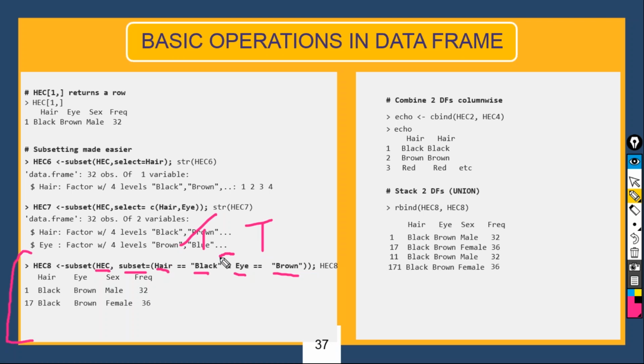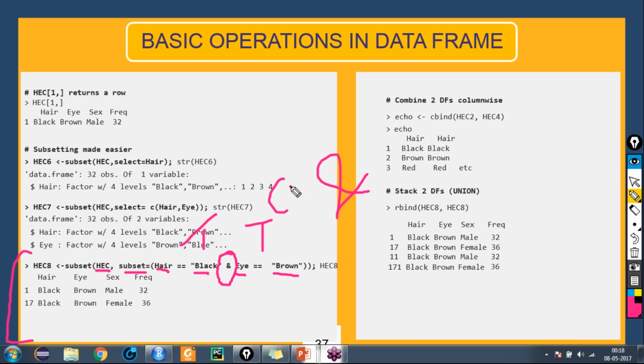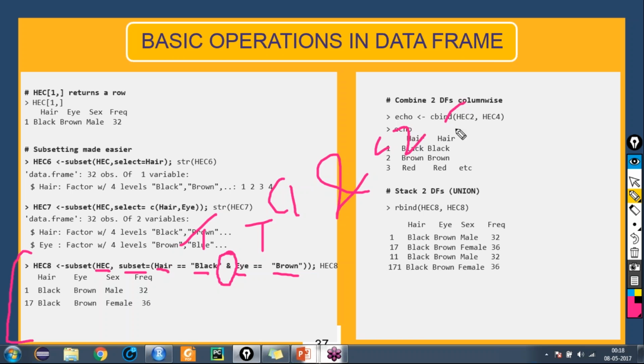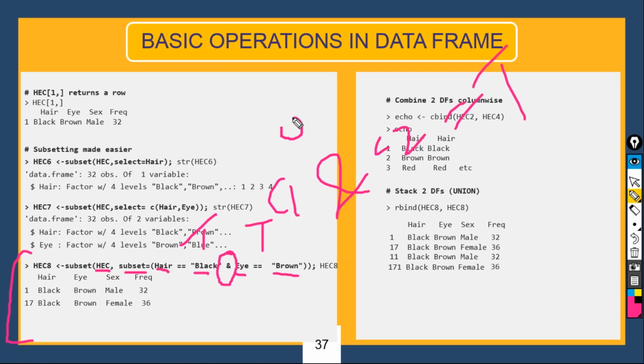And how do we know? By using the AND operator, right? So the AND operator says if both conditions, like C1 and C2, are true, only then the situation becomes true. And if any one is false, then the situation becomes false. And if we take OR, that is a bit different.